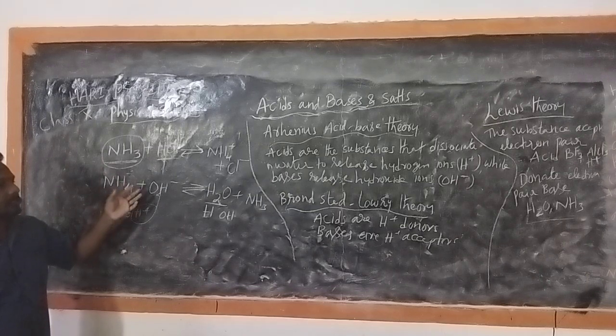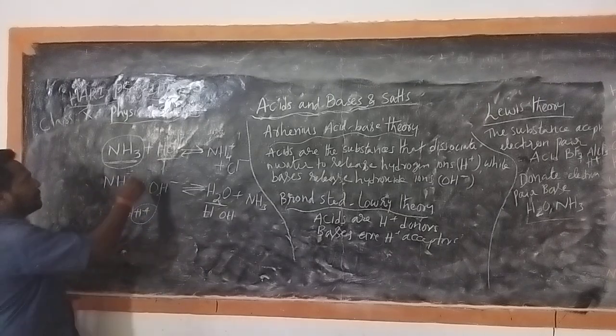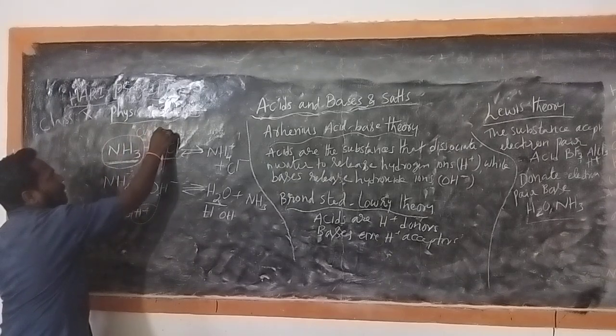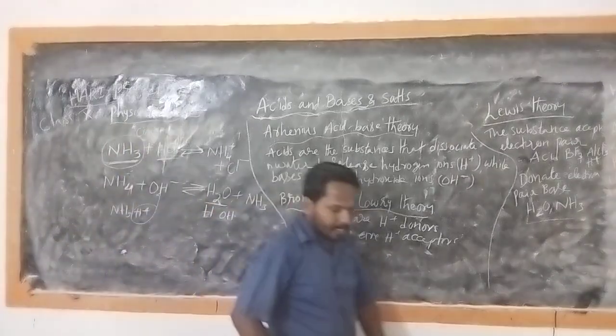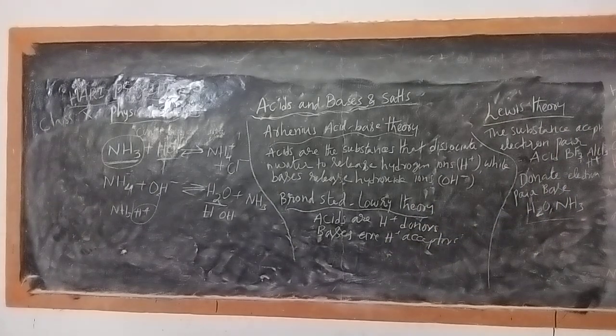These are called conjugate acids and bases. Here ammonia is the conjugate base. A conjugate acid-base pair consists of two species that differ by only a proton.